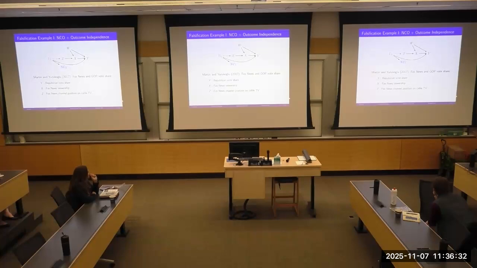So this is taken from a paper about the impact of Fox News on Republican vote share. Here, the outcome Y is Republican vote share, X is local Fox News viewership, and then they need some instrumental variable to move around Fox viewership.